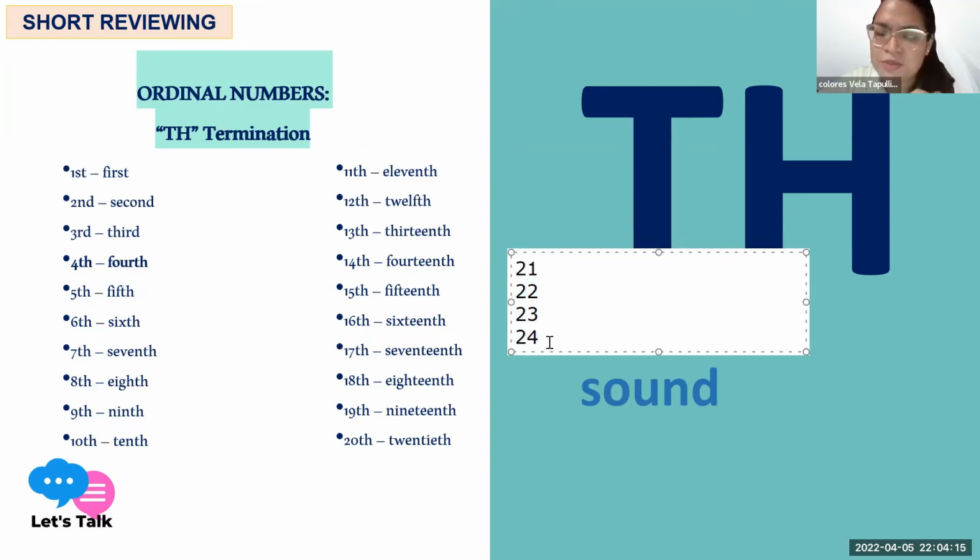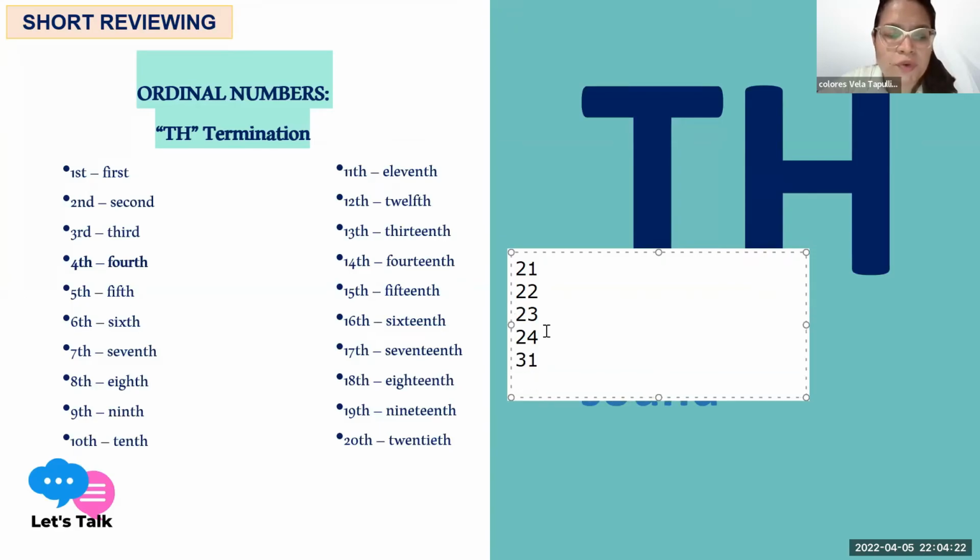I mean the combinations, for example, 21, 22, 23, or 31, or 42, or 53. How do you pronounce these combinations of numbers in ordinal? I want you to discuss with your partner and start thinking. Very good.